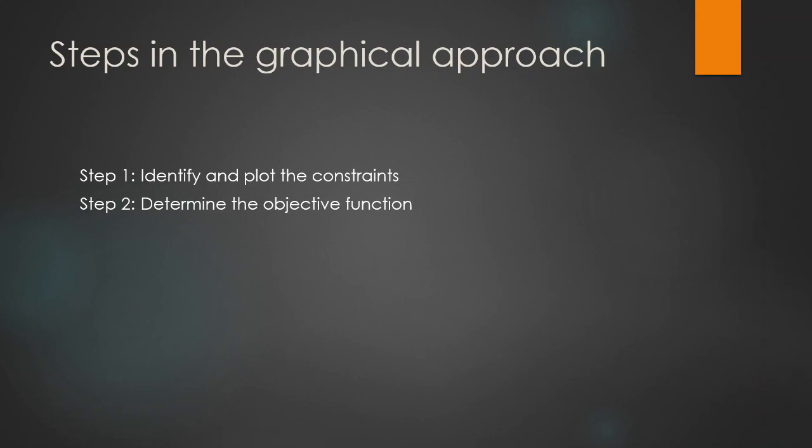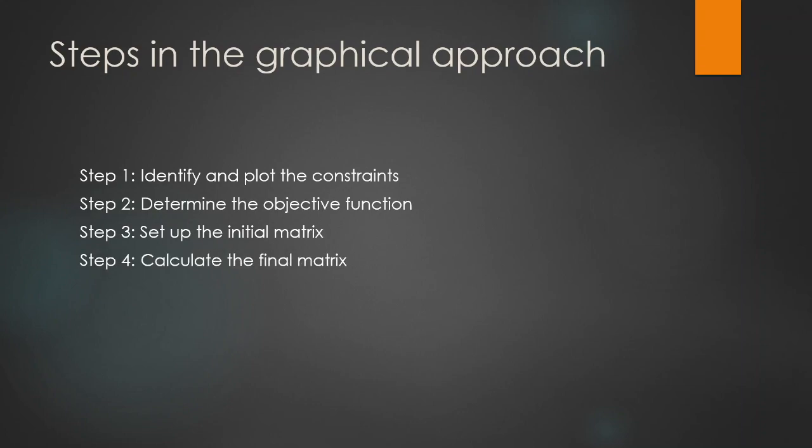Rather, this time we are going to use the constraints and objective function to set up the initial matrix. The use of a matrix gives the Simplex method the ability to determine the optimal solution when more than two products are produced. After we have set up the initial matrix, we need to calculate the final matrix and then interpret the final matrix.